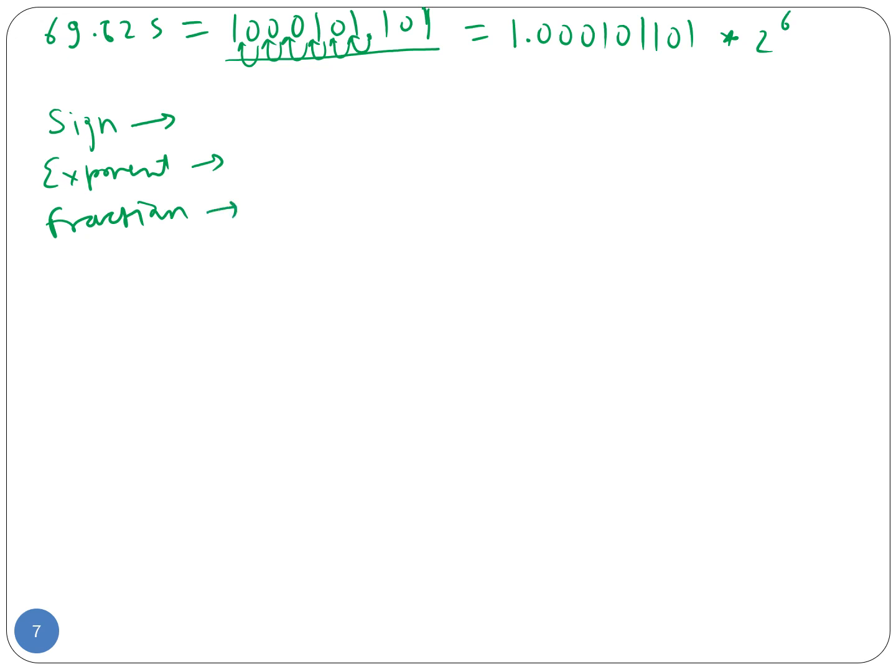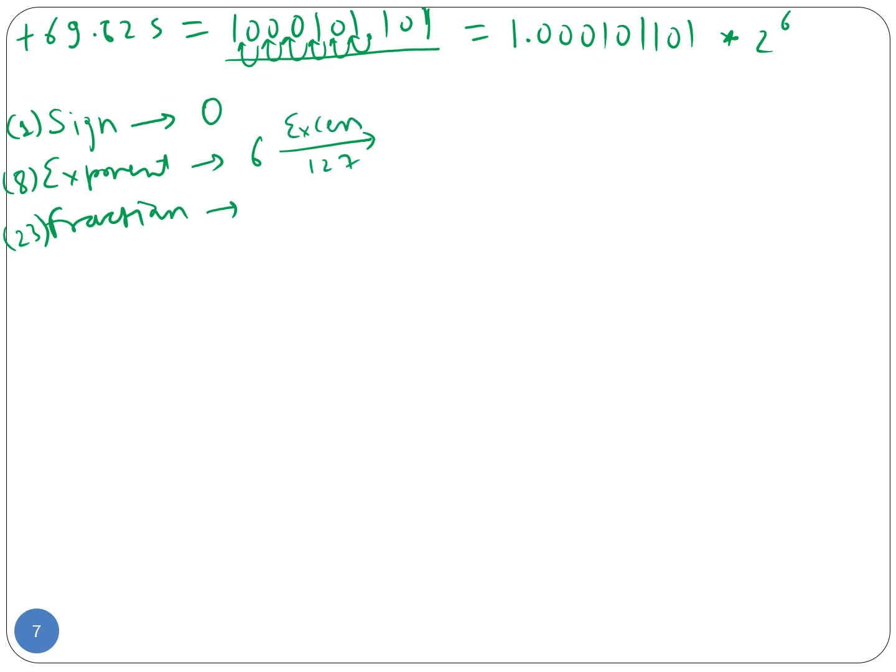Okay, now recall that the sign bit is just 1 bit, exponent takes 8 bits, and fraction takes 23 bits. Okay, so the sign is positive, this is a positive number, so the sign bit would be simply 0. The exponent is 6, but recall that this should be represented in excess 127 notation.